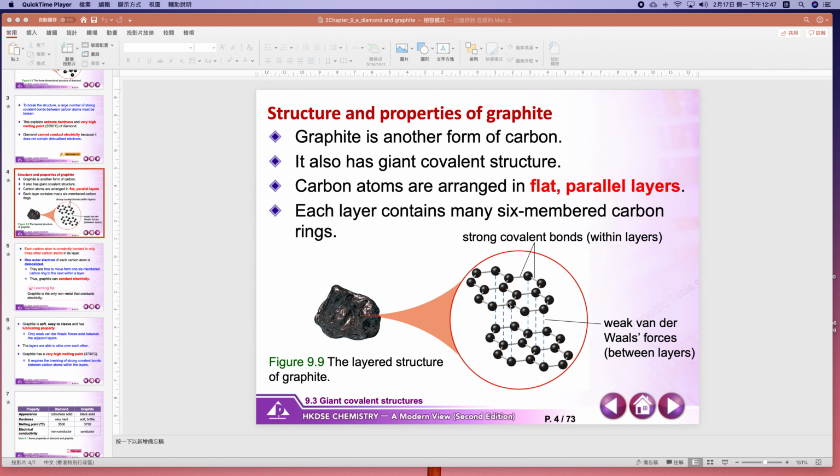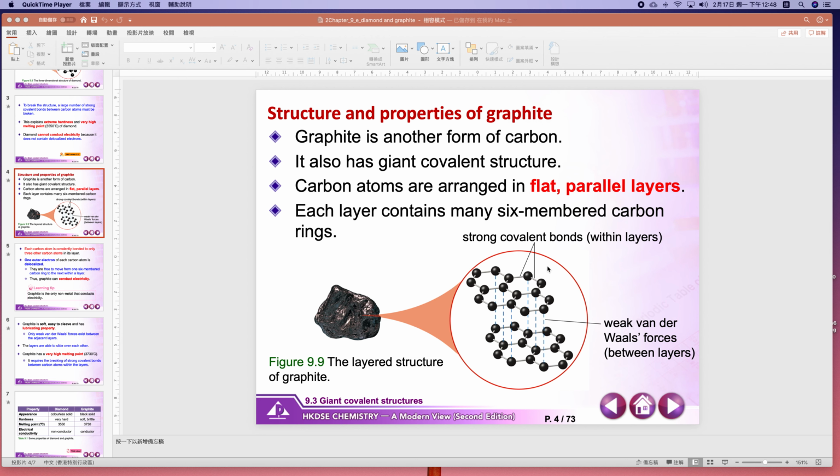After forming 3 single bonds with 3 other carbon atoms, there is 1 electron remaining. As a result, this electron is delocalized. Later on, we will talk about how the properties relate to these delocalized electrons.